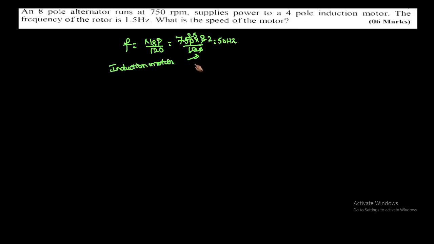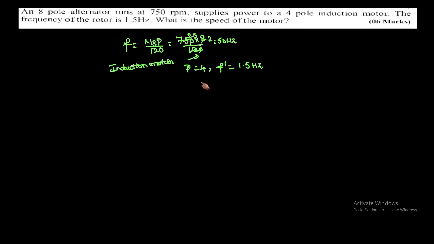For the induction motor, the number of poles is 4. Next, F dash is given as 1.5 Hz. Now we have to calculate the speed of the motor.